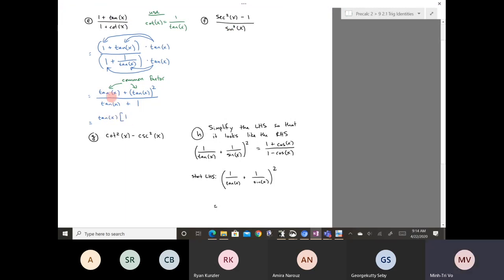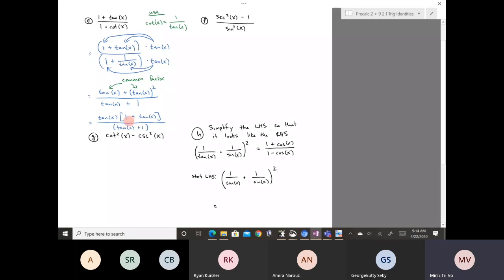If I factor out tangent, there's one left over here, and there's one more tangent left over here. And then what is the denominator? Tangent plus 1. But 1 plus tangent and tangent plus 1 are the same thing, because when you're adding two things, it doesn't matter which order you add them in.